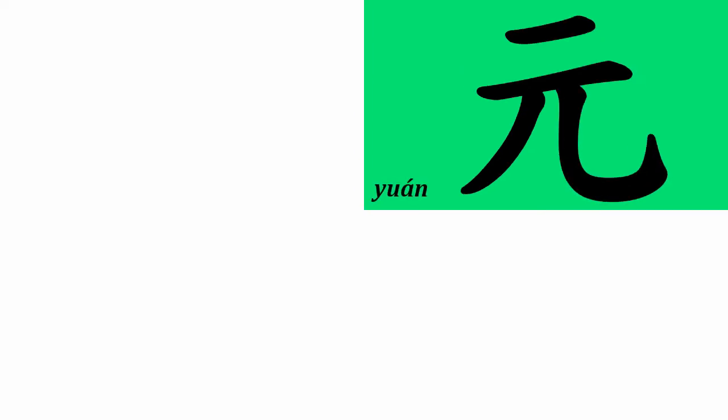A second horizontal line was then added for emphasis, which, it turns out, is precisely the original writing of 上, meaning above, as we saw in Lesson 6. This new character is pronounced second tone, yuan, and means the head, the beginning, the first or basic unit of something.